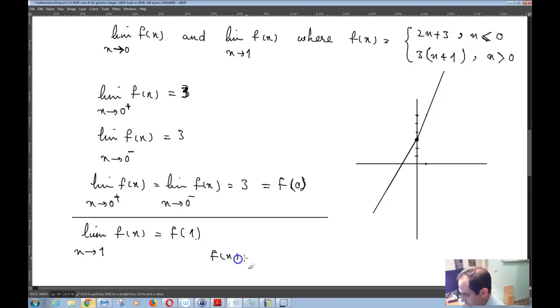Assuming that f of x is equal to 3x plus 3, then f of 1 is equal to 3 times 1 plus 3, which is equal to 6. So that is the limit of this function at these 2 points.